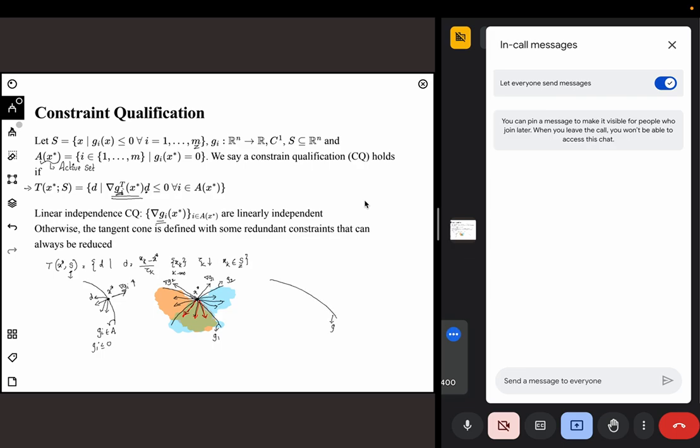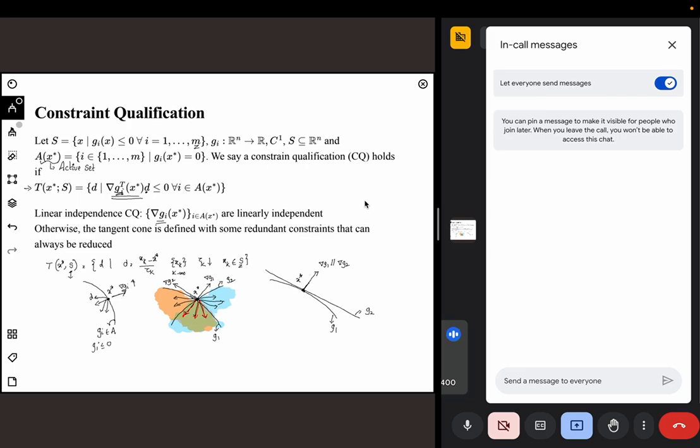Now you can think of a different scenario where, let's say, this is my G1, and this is my G2. You have something like this, and let's say this is my point X star. Let's say G2 is tangent to G1 at this particular X star. So if I construct a normal, then grad G1 will be parallel to grad G2. Both the normals will be parallel to each other.